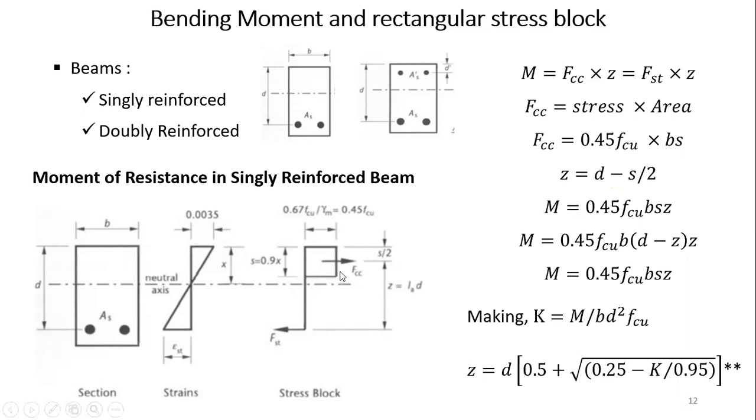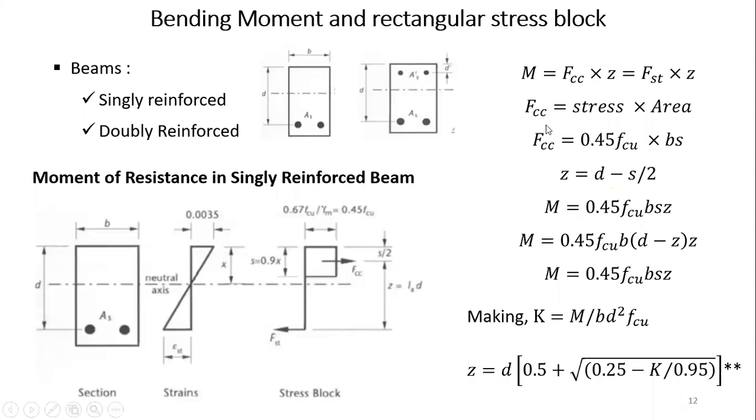Now, if you want to determine the couple moment, it will be FCC multiplied by Z. If you take moment at the center of the steel, moment will be FCC multiplied by Z. The same thing, if you take moment at the center of the concrete, it will be FST multiplied by Z. That is why moment is FCC multiplied by Z, which also equals FST multiplied by Z. This is what we call a couple.